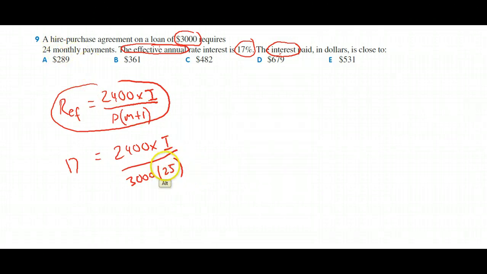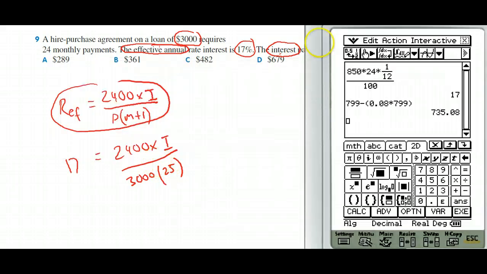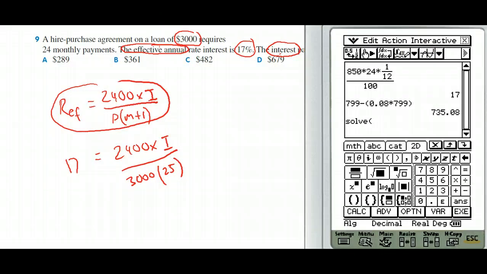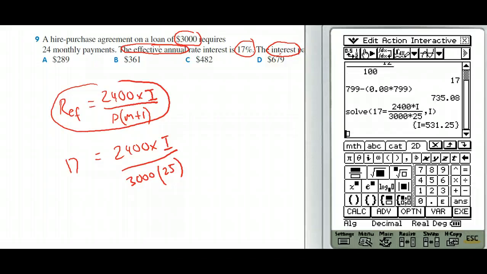Let's put that into the calculator and solve it. If we go Action, Advanced, Solve, and then put in our equation: 17 equals, let's make a fraction, 2,400 times I, and on the bottom 3,000 times 25, then comma I, close the bracket.